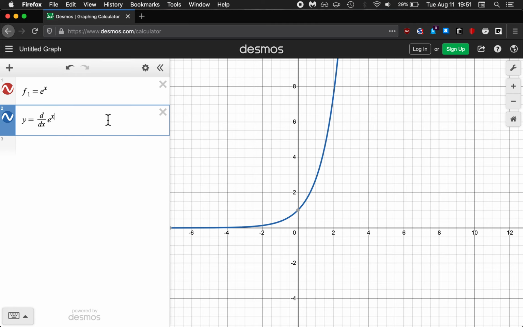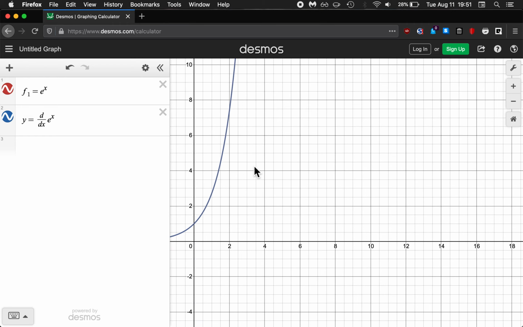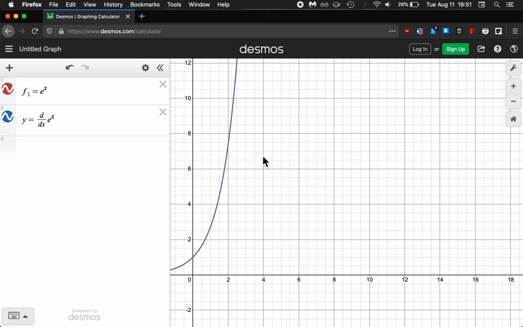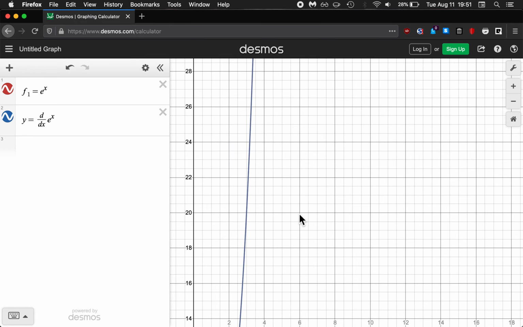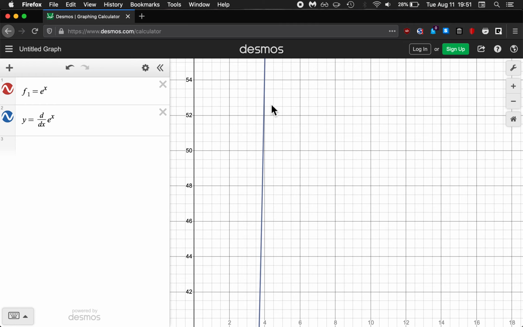Let's think about what derivatives tell us. Over here, for negative values of x, the exponential function is small in magnitude, and that tells us that the exponential function is growing slowly because its derivative is small in magnitude. Over here, for positive values of x, I can see that the value of e to the x gets very large very quickly.